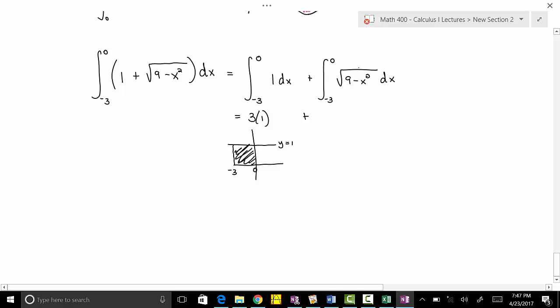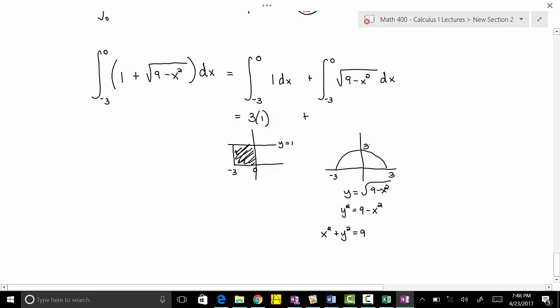And then let's look at y equals the square root of 9 minus x squared. Well, it's positive because it's y equals the positive square root. So I'm only looking at the upper half of something. And if you square both sides, you'll see you're looking at y squared equals 9 minus x squared, or in other words, x squared plus y squared equals 9. It's the upper half of a circle of radius 3.